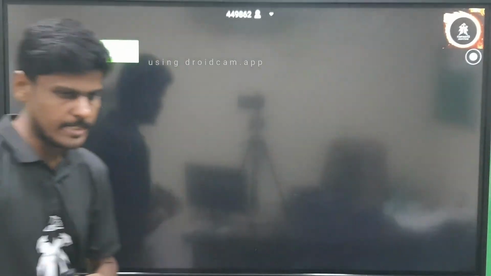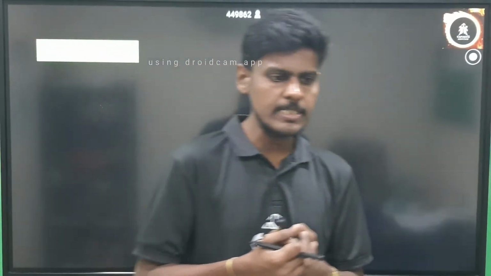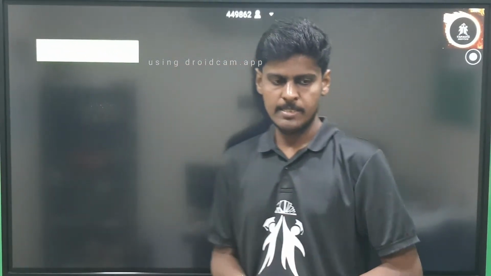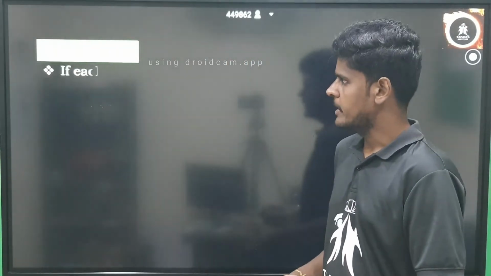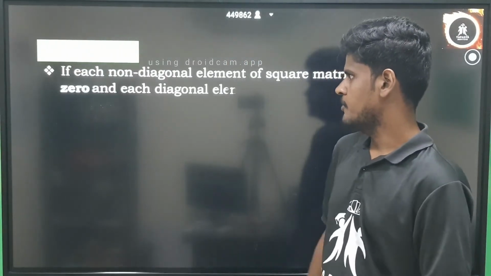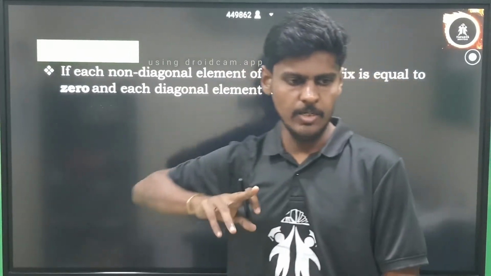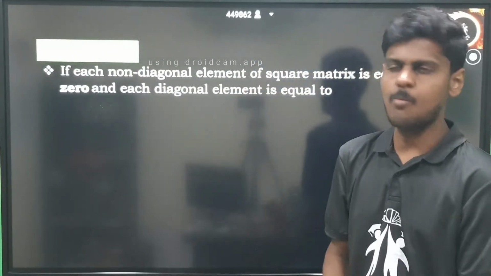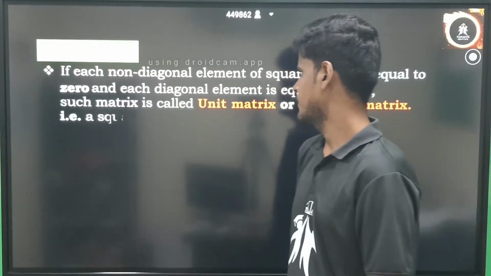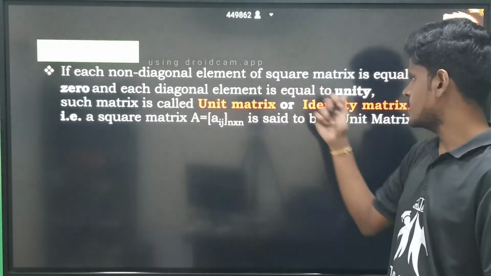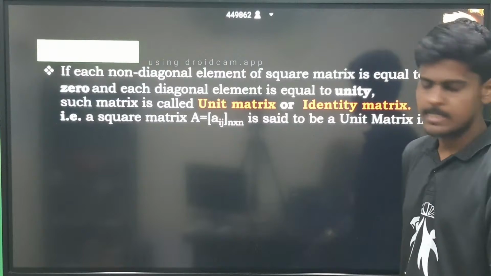Next is a unit matrix. Again, a unit matrix is also a scalar matrix such that all the diagonal elements are unity, that is 1. So, if each non-diagonal element is 0 and diagonal elements become 1, that is a unit matrix. A unit matrix is also called an identity matrix.